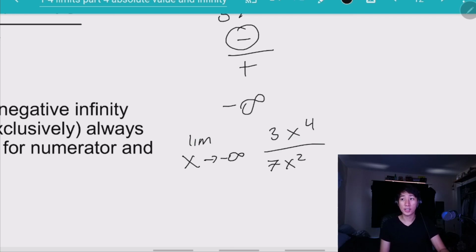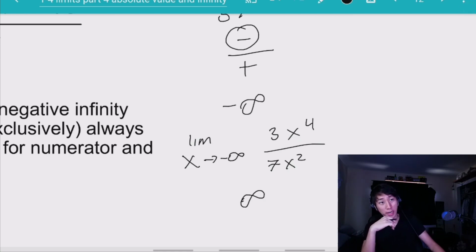And in this case, even though you're approaching negative infinity, your answer is actually going to be infinity because your top power is greater. When you take a negative number squared, you get a positive number. When you take a negative number to the fourth, you also get a positive number. So it's going to be positive over positive, which is going to be infinity. So it's kind of like when you're doing sign charts and whatnot. It's the same general concept.